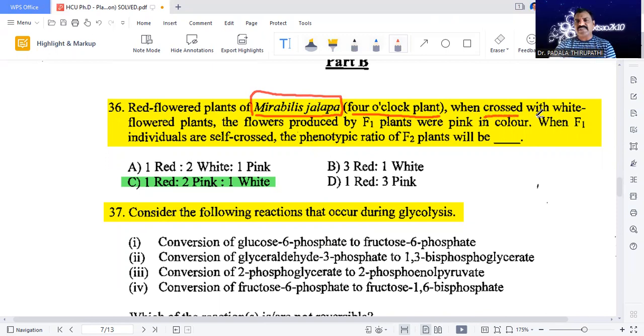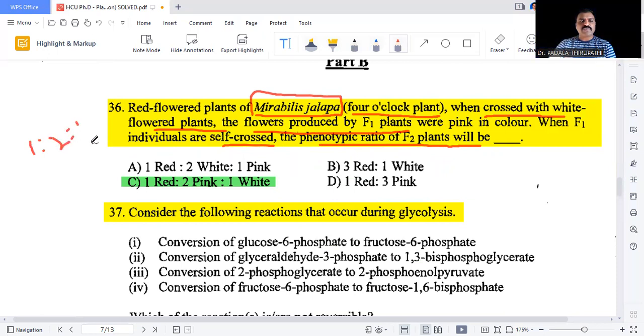When crossed with the white flower, the flowers produced by F1 plants are pink. When F1 individuals are self-crossed, the phenotypic ratio in F2 plants will be 1:2:1, that is 1 red, 2 pink, and 1 white flower.